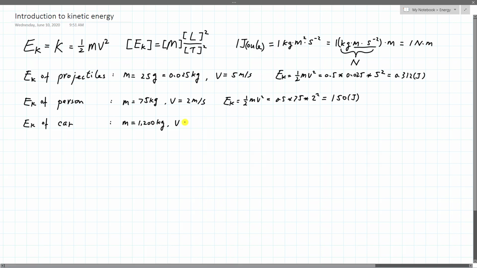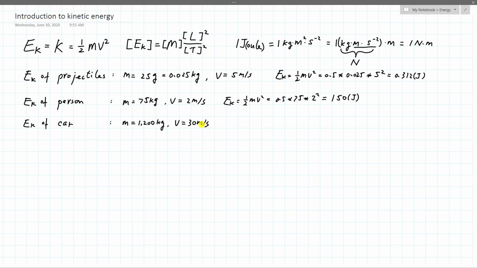So let's try to make up a number. 55 miles per hour, and if you convert that into meters per second by dividing by roughly 2.2, so that's, let's see, that will be 50 over 2.25, close enough. So let's assume about 30 meters per second. So it's a little more than 55 miles per hour.